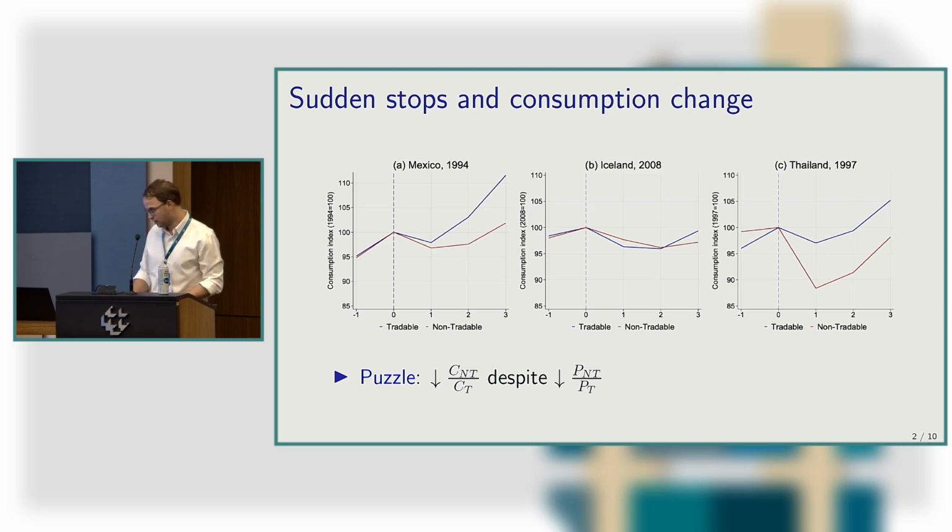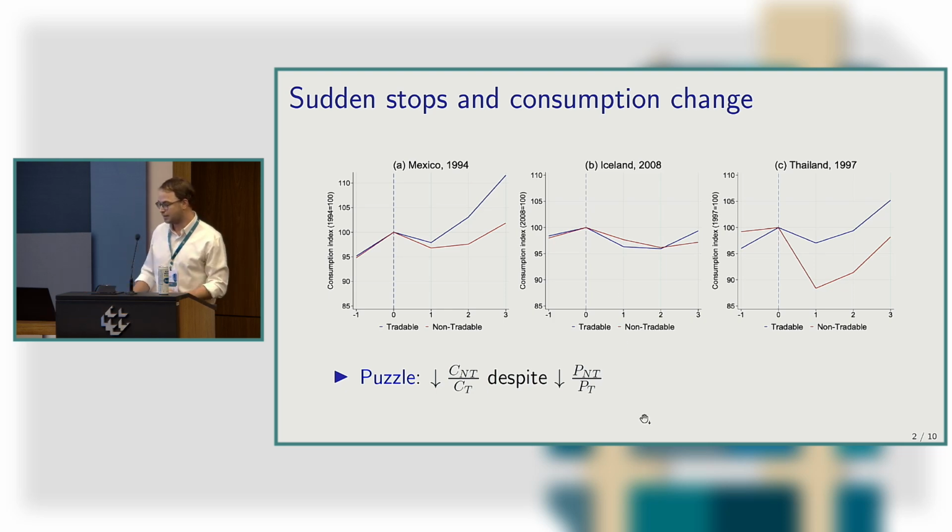So, as Luis showed you, I think the main motivation for this paper is this puzzling fact that during sudden stop episodes, the consumption of non-tradables falls relatively more than the consumption of tradables, at least for Mexico and Thailand, and it falls as much as tradables in Iceland, 2008.